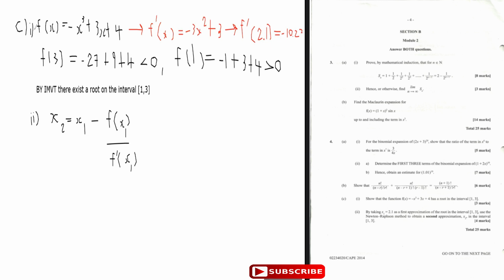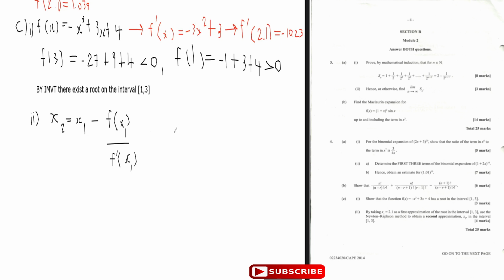You can also go ahead and find f of 2.1. F of 2.1 is going to be equal to minus 2.1 cubed plus 3 times 2.1 plus 4. I'm getting 1.039. So finally, we can find the second approximation.